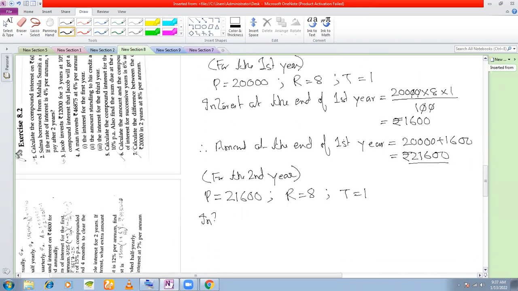So interest at the end of the second year is 21,600 into R into T by 100. This will give you 216 into 8, which is 1,728.